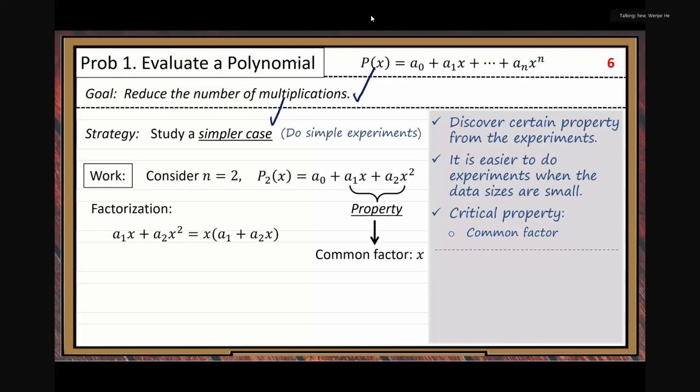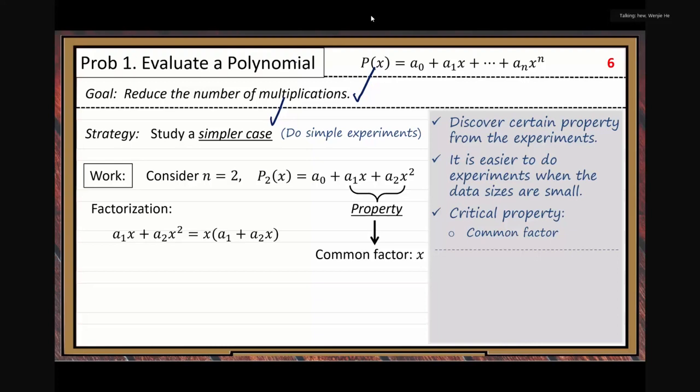But the question is, do we change the structure of this polynomial? We changed the formula structure, right? The formula structure change results in a computation order change. When we do computation with the new structure, we need a different order of multiplication and addition.